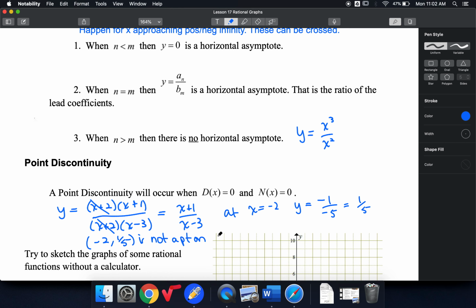It's not a point on the original. So that makes a hole. That leads us to a hole, or more formally, a point discontinuity. And we'll see what that looks like when we sketch it in the next set of videos.